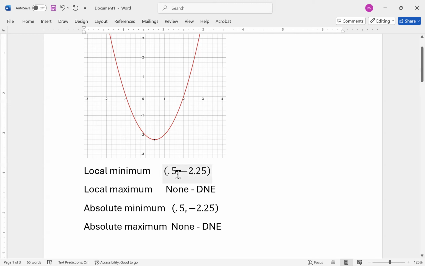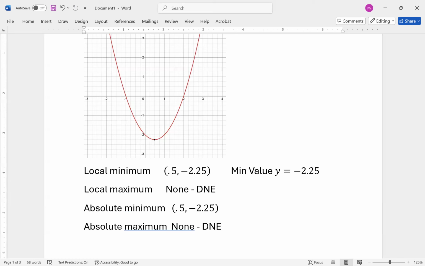By the way, I'm writing the absolute minimum point and the local minimum point. Some people would just ask for the minimum value of the graph, and the minimum value is just the minimum y value, negative 2.25. And that would be both the local minimum value and the absolute minimum value.